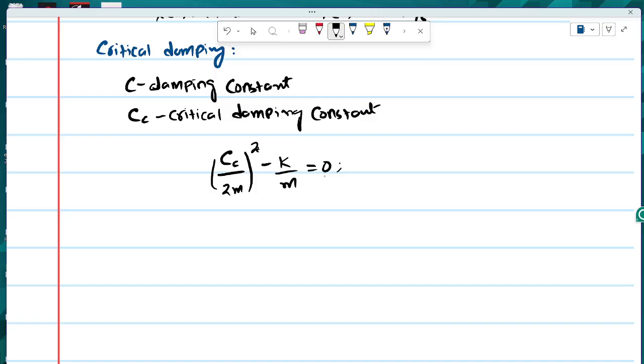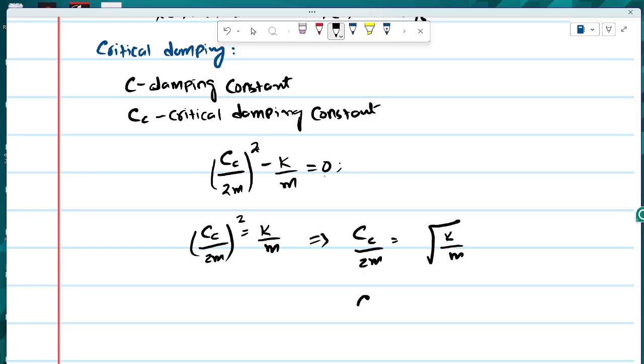So obviously you can take this on the other side, k over m, take square root on both sides, it becomes Cc over 2m equals under root k over m, and Cc equals 2m under root k over m.